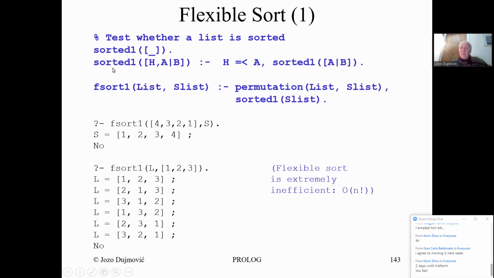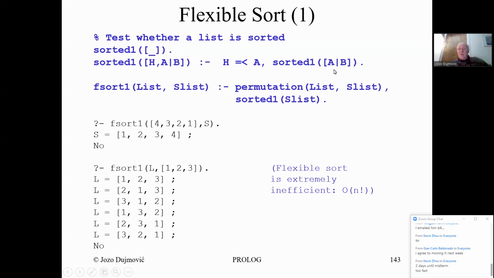Now, if you have more than one element, then you have the head of the list, and then a second element A, and then the sublist B. So this is sorted if this head is less than or equal to A. So this is a small value. And then from the second element to the end is sorted. So you can say it is sorted if it has a single element, or if the head is less than the second element, and from the second element to the end is sorted.